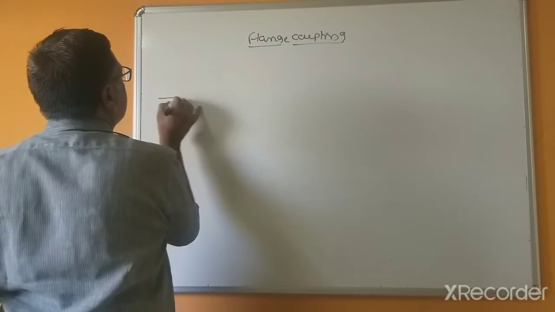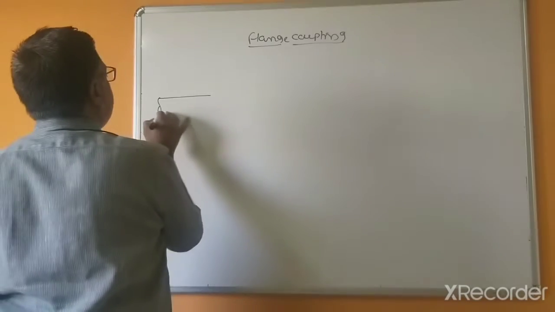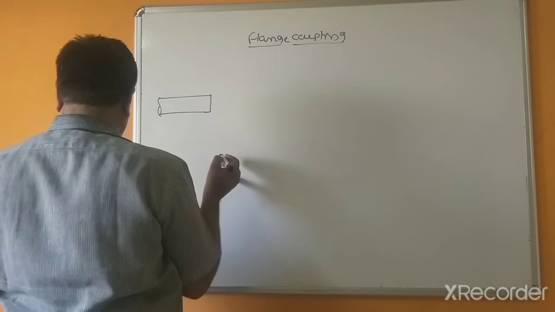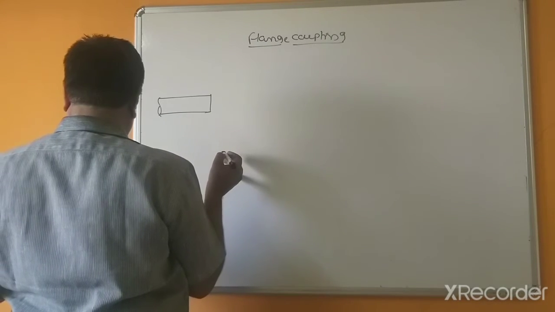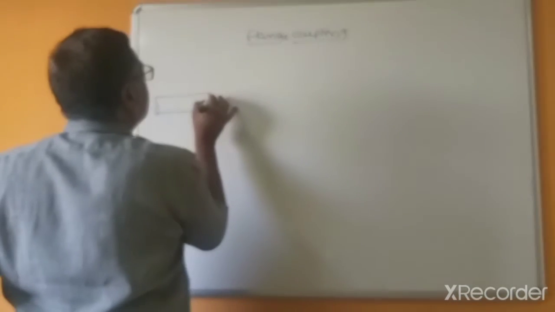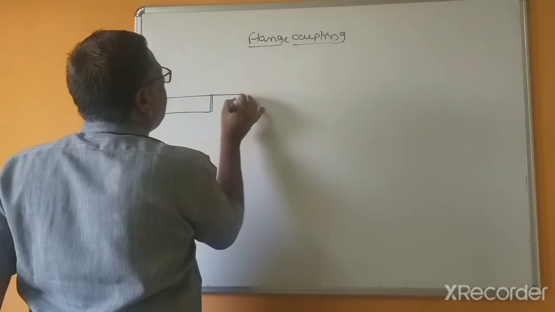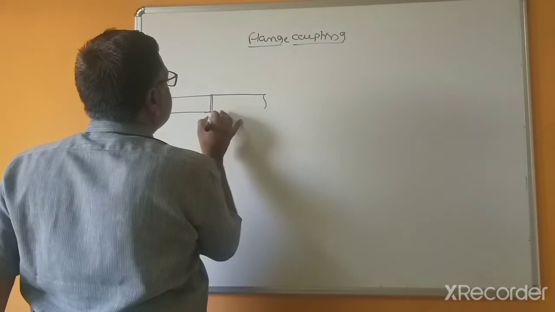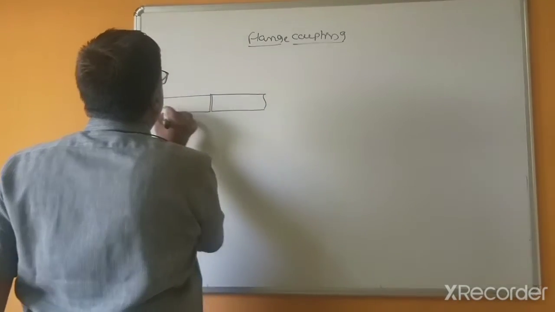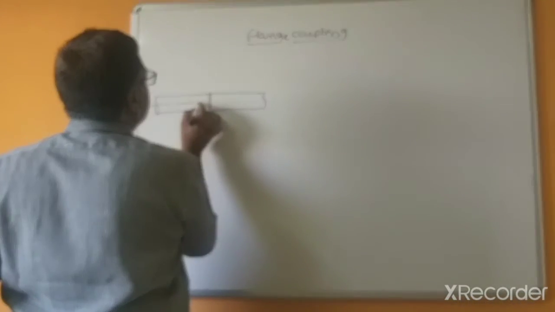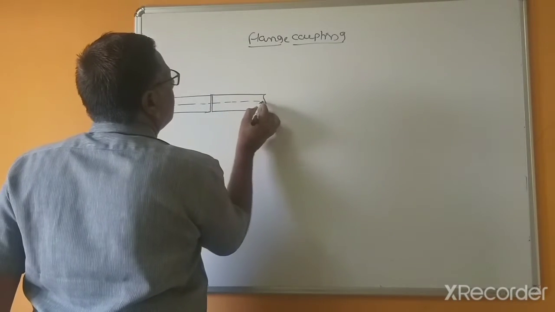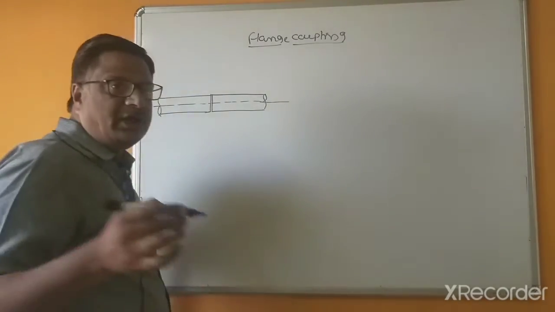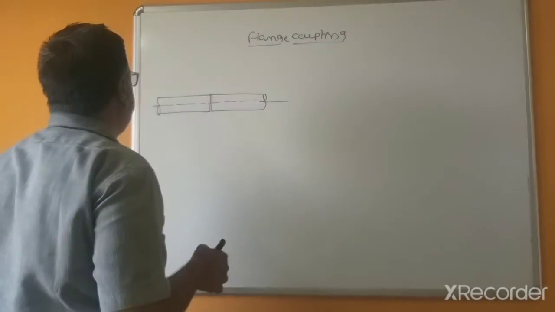Suppose this is the input shaft and this is the output shaft. There is some clearance, which may be 1 mm, 2 mm, 3 mm, 4 mm, 5 mm.